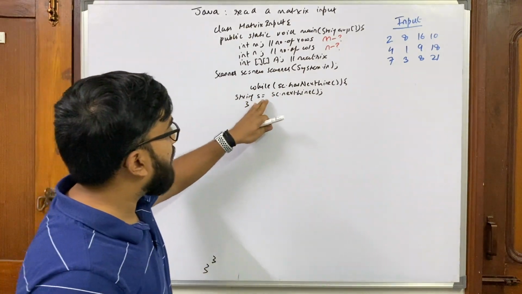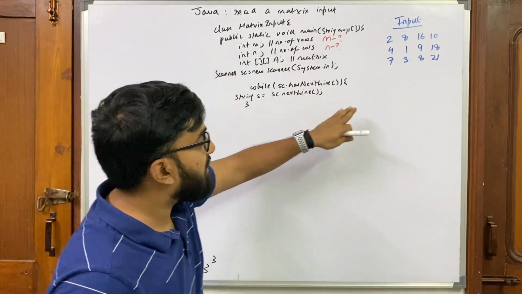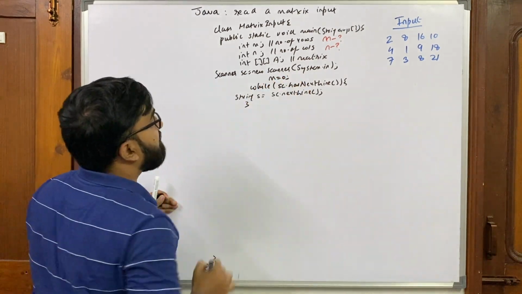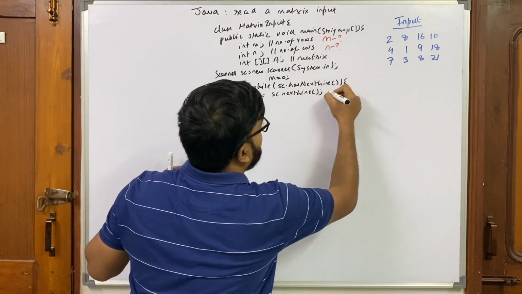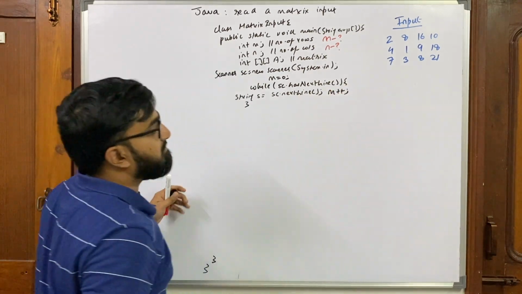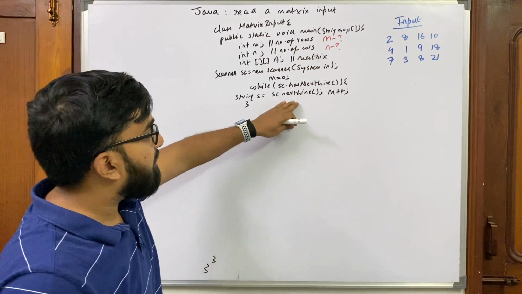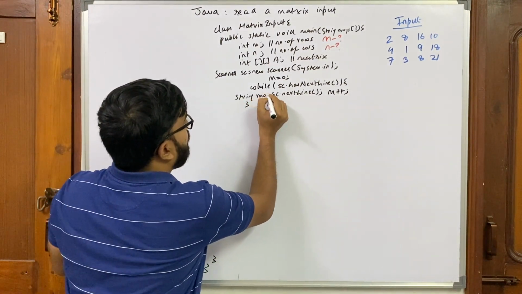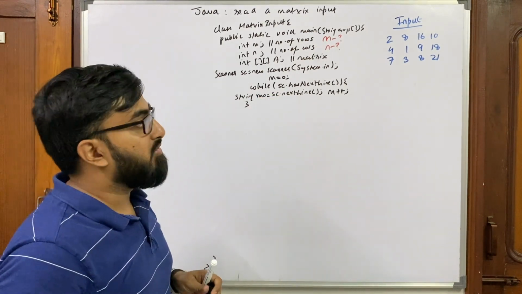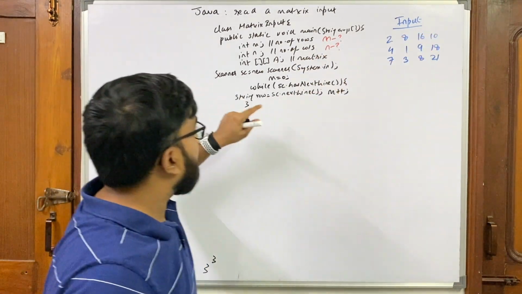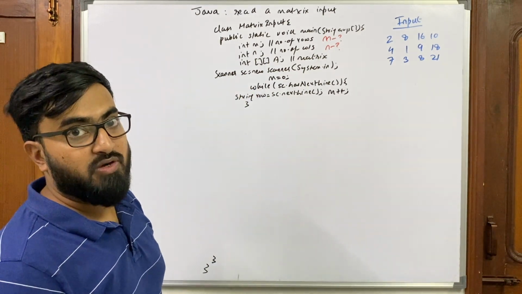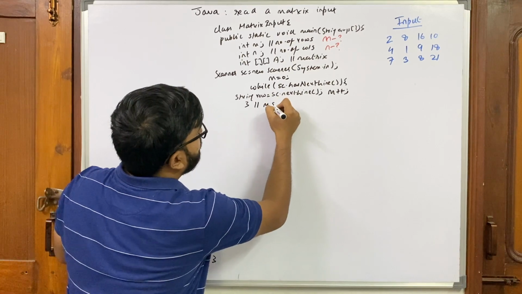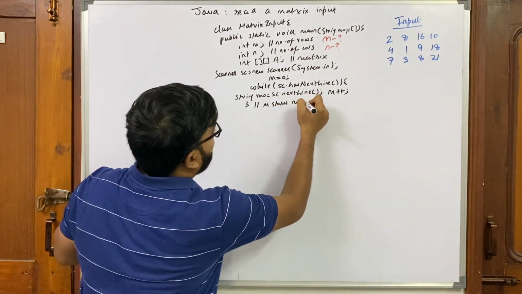Okay, so if we count how many times this loop runs, we can count the number of lines. So I will set m to 0, okay, which is the number of rows, and in each iteration I do m plus plus. Okay, because in each iteration I am reading a line which is basically a row, so I can say String row is sc.nextLine. Okay, you are reading one row as a string into this row. Okay, so at the end of this loop here, m stores number of rows.